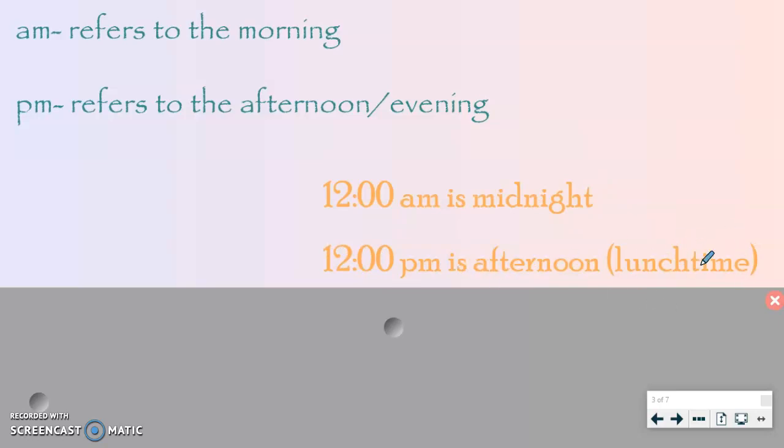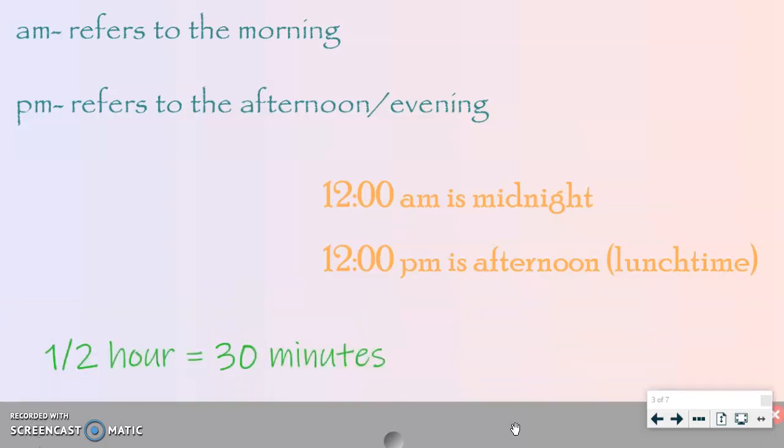It's usually right around lunchtime for most folks. And that's kind of the tricky part, because you're thinking, oh, it's morning up until then, so you think it'd be AM, but it's actually 12 p.m. That is afternoon, and that is the time that actually starts that transition from morning to afternoon.